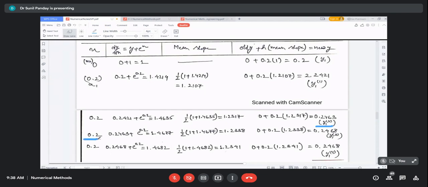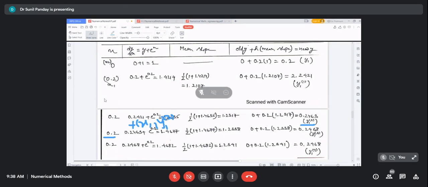Now again your x1 is 0.2, and then here you are calculating f of x1 comma y1, using your second updated value, because the definition of f of x, y is this one.